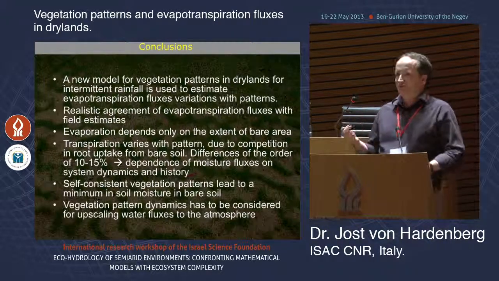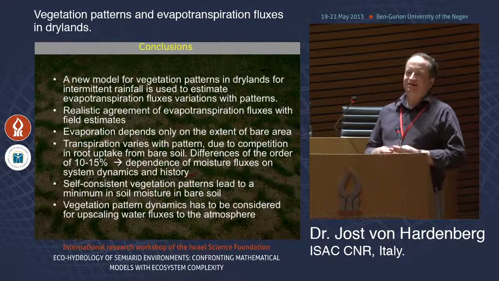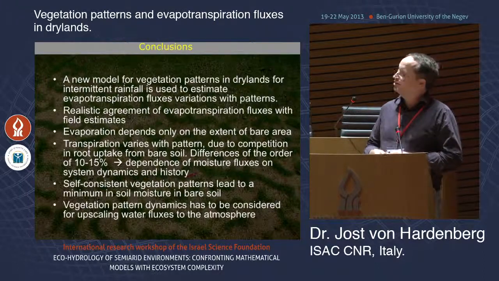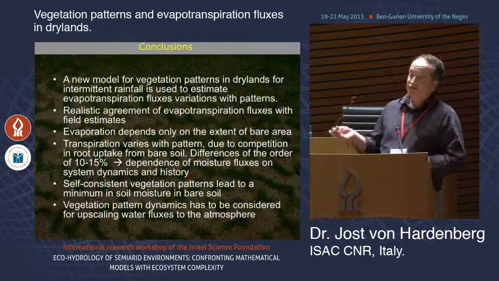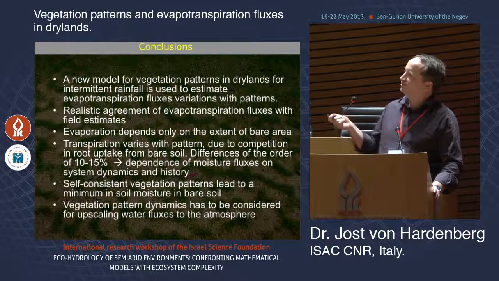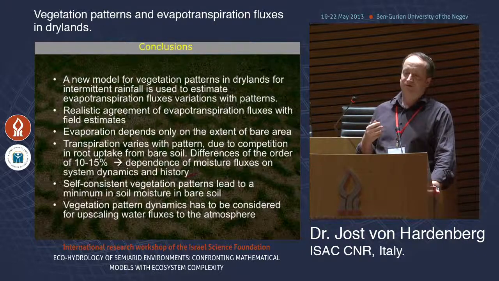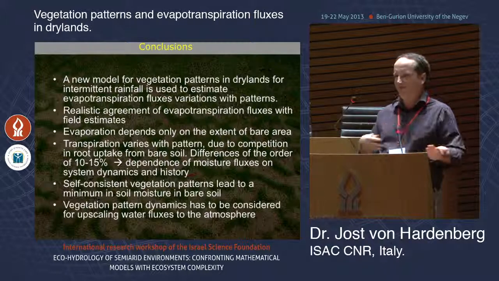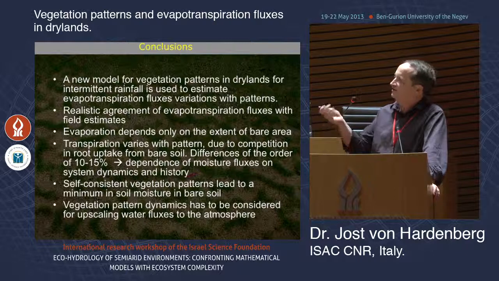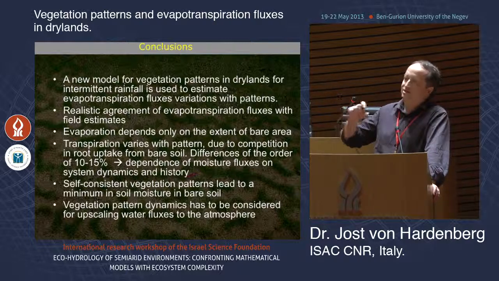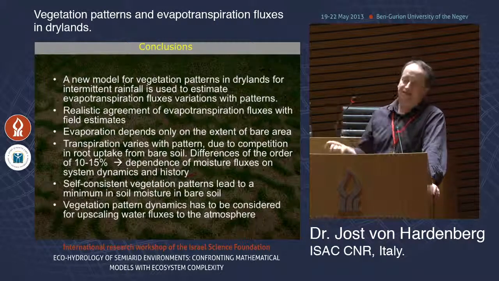This is just the first step, of course. I didn't even start addressing the issues which I summarized in my motivation, but it's a first step. So we need first to get a model with a more realistic treatment of transpiration and evaporation, and mainly a model where we can separate the two more clearly. The main point is that we find there is an effect of the pattern states on the transpiration.